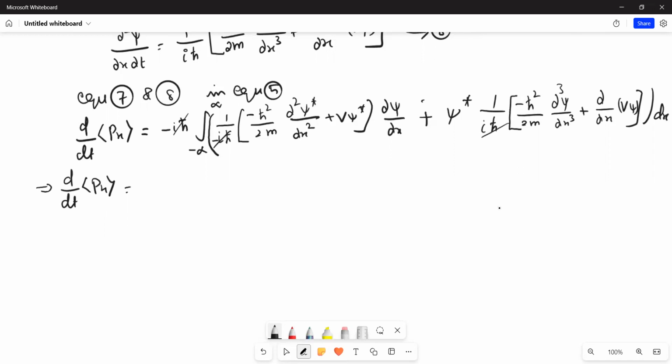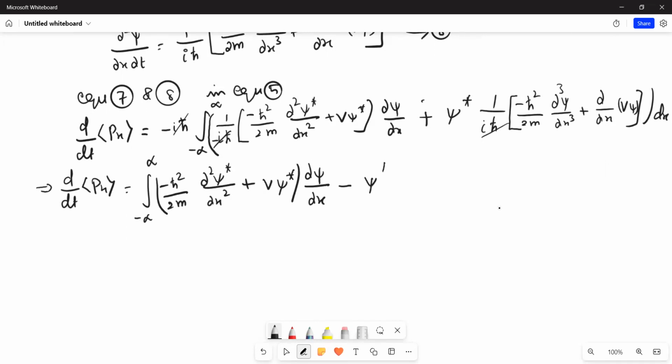So what will we get? The integral from minus infinity to plus infinity of −(ħ²/2m) ∂²ψ*/∂x² plus Vψ*, then ∂ψ/∂x, that will be there. And here, due to the extraction of the minus, you need to put minus.